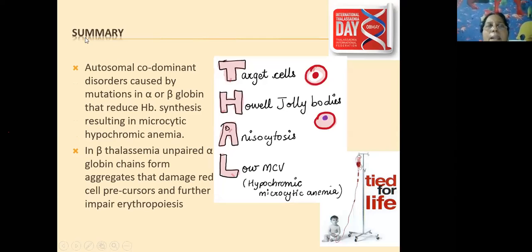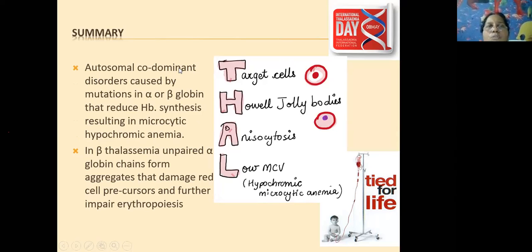So to summarize, in thalassemia, target cells are present, Howell Jolly body remnants are present, and there is anisocytosis. RBCs are not uniform, with low MCV, microcytic hypochromic anemia, and the baby is transfusion dependent.